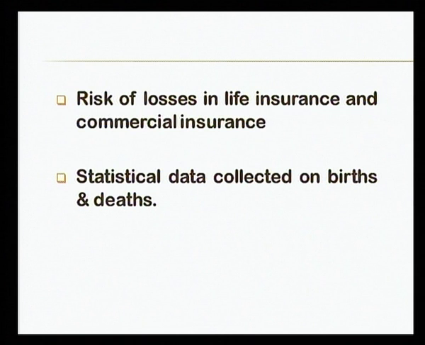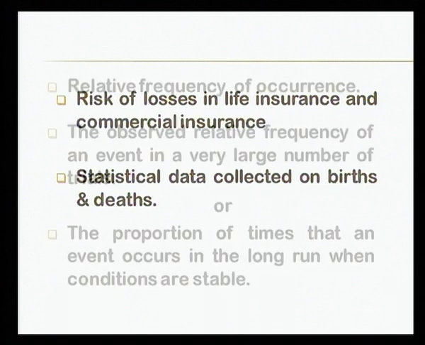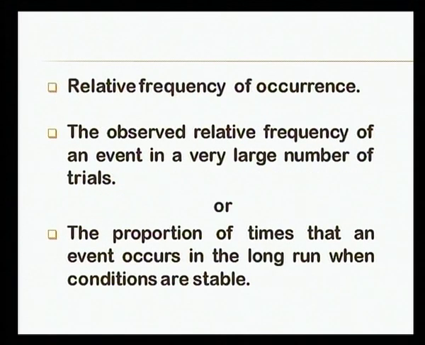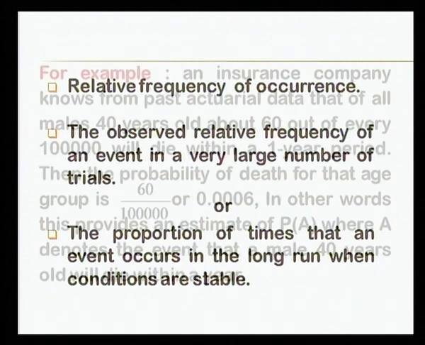This approach used the statistical data collected on births and deaths. The relative frequency approach is based on the relative frequency of occurrence. It also depends on the observed relative frequency of an event in a very large number of trials, or the proportion of times that an event occurs in the long run when conditions are stable.